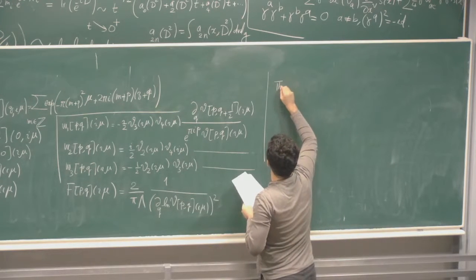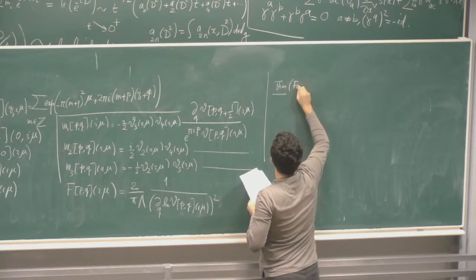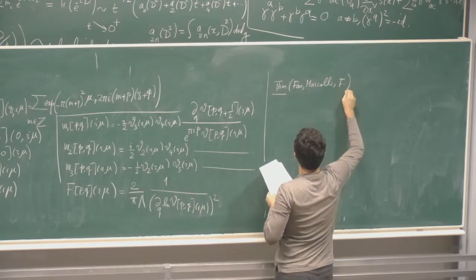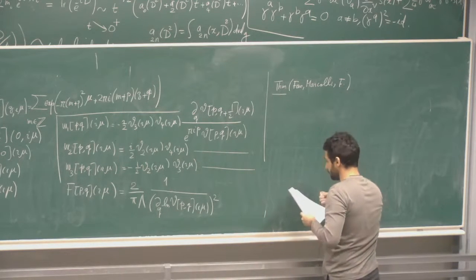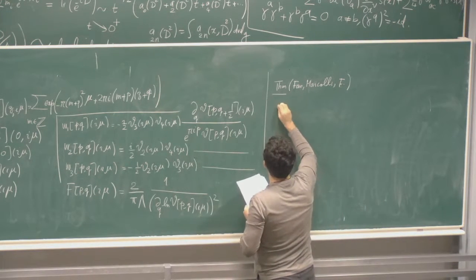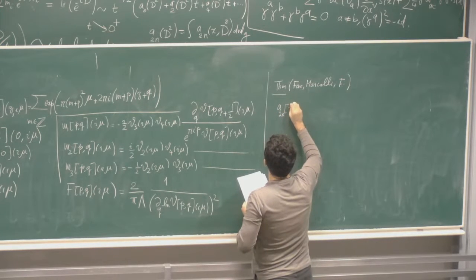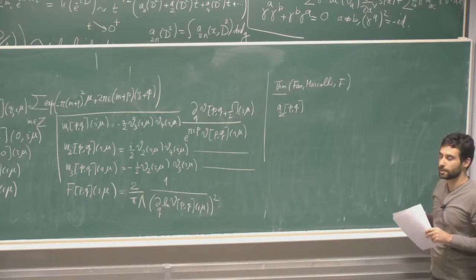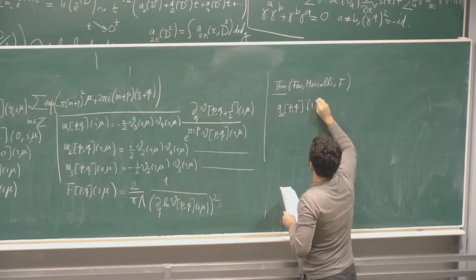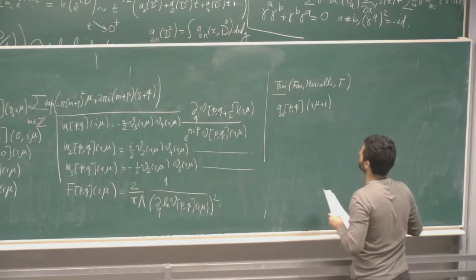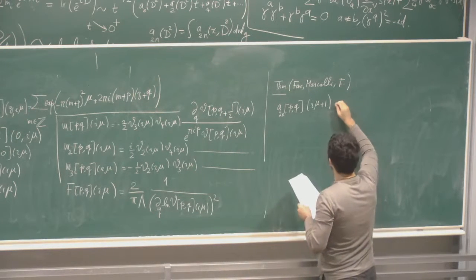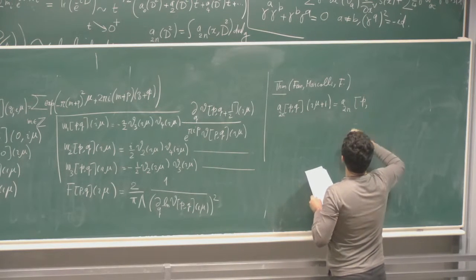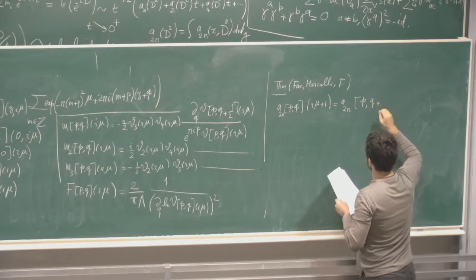If I apply the first generator of the modular group, it behaves like vector-valued modular forms, and it acts on the parameters also.